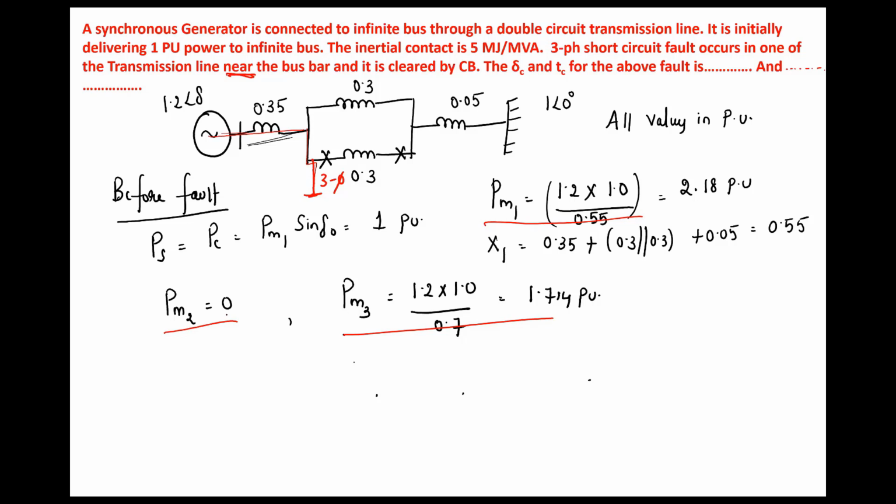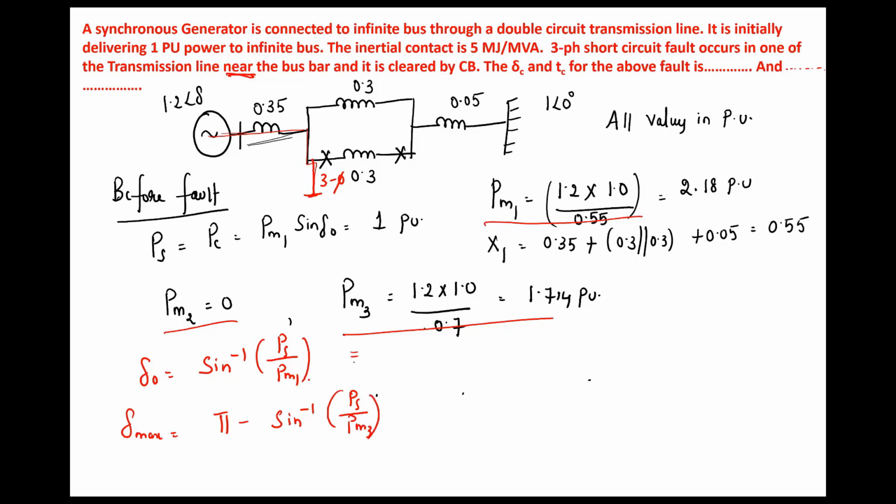What all do you require for substituting in cos delta C? Delta naught and delta max. So delta naught is equals to sine inverse of PS by PM1, and delta max is equals to pi minus sine inverse of PS divided by PM3.